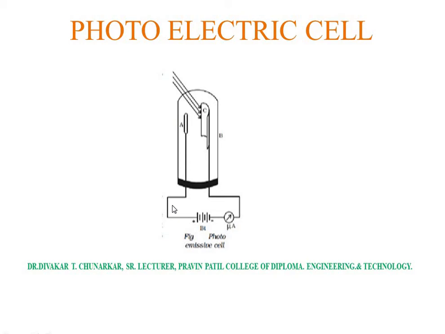When light is allowed to fall on the cathode, it emits electrons, and those electrons are called photoelectrons. The photoelectric current flows through the circuit and through the milliammeter, which shows a deflection.